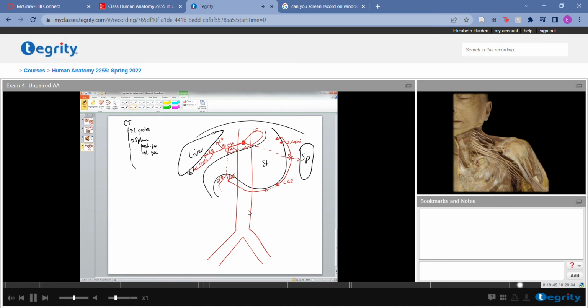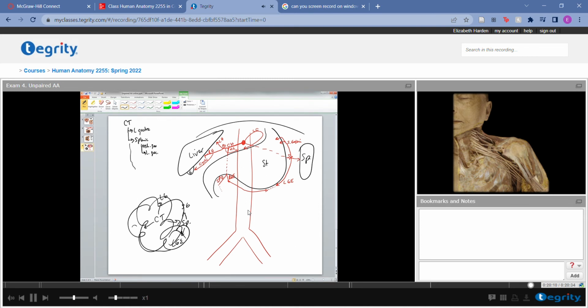You can do the same thing with the superior mesenteric or the inferior mesenteric, or you are welcome to sit there and just do celiac trunk and draw left gastric, splenic, and then short gastrics and left gastroepiploics, and you can do it that way. But I really think it's going to end up being like a nebulous cloud of hatefulness that's just going to be mixed up in your brain.